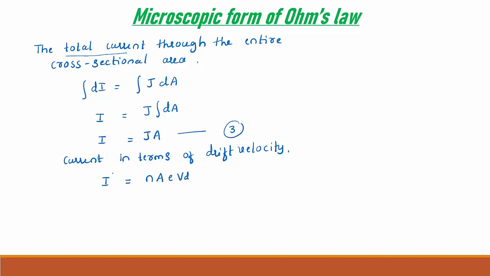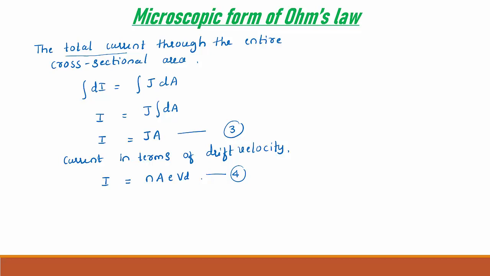So this is electric current in terms of drift velocity, where n is electron density, A is cross-sectional area, e is the charge of the electron, and Vd indicates drift velocity. Let us take it as equation 4.